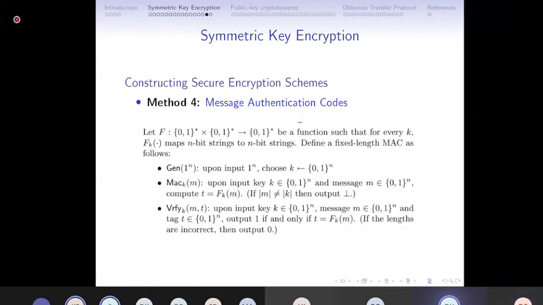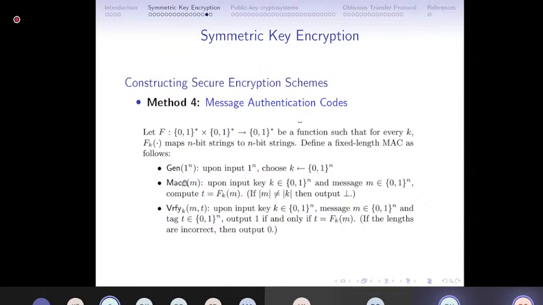Next, by using a message authentication code, we can easily construct a chosen ciphertext attack secure symmetric encryption scheme. For that we again choose a pseudo random function and define a message authentication code. Again here we choose a uniform random key and apply this key on the message, create a tag, and send this tag to the receiver.